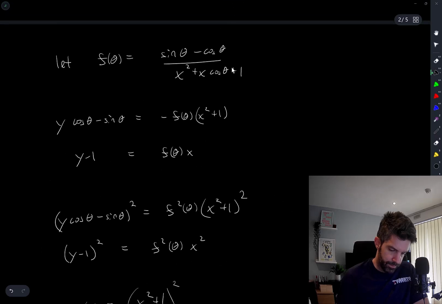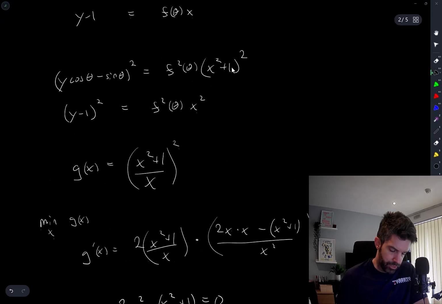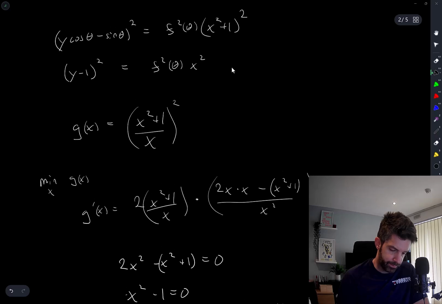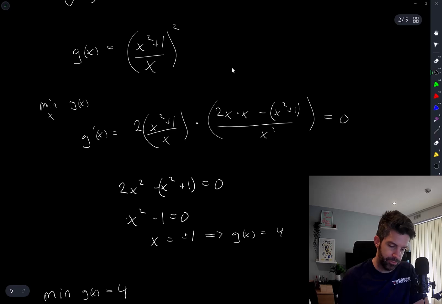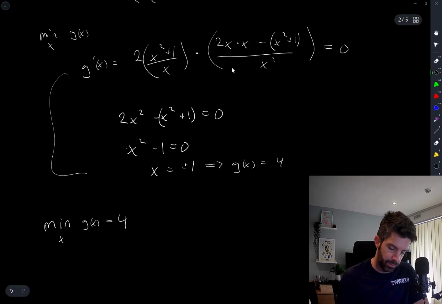Just realize I did show that this function g is a minimum, right? Not a maximum. Well, the maximum, we can let x go to 0. I guess maybe there needs to be a little bit more detail in here with second derivatives and so on, but I'm going to ignore that.